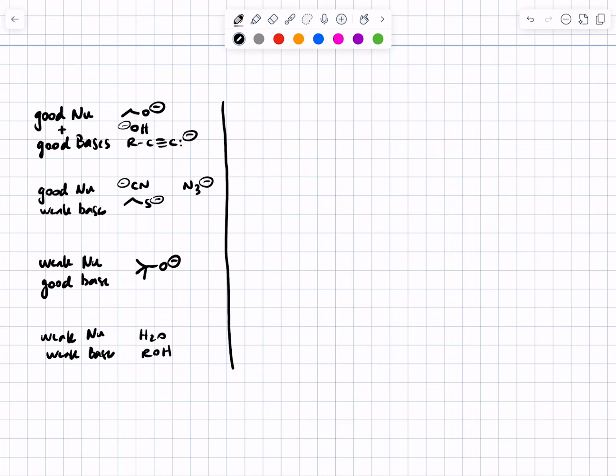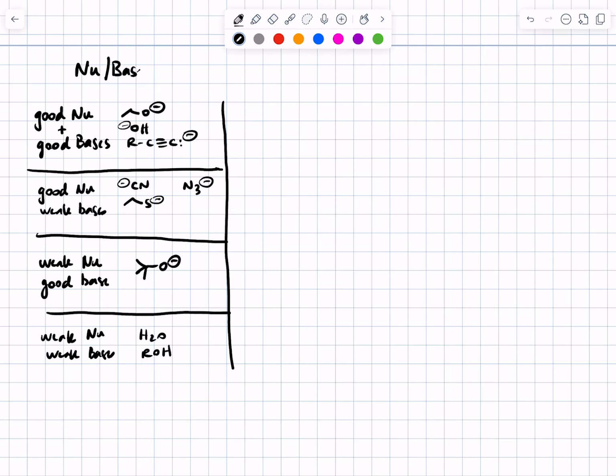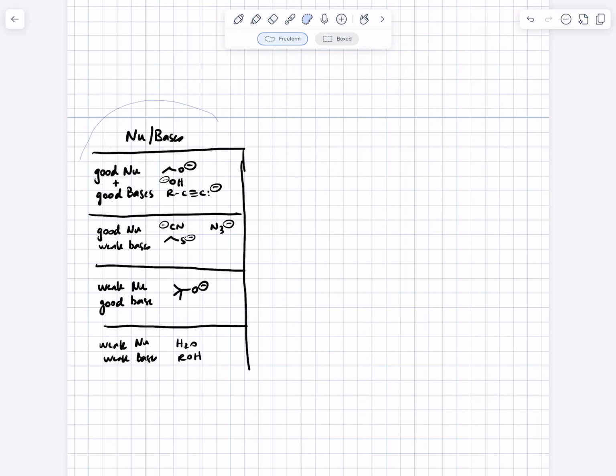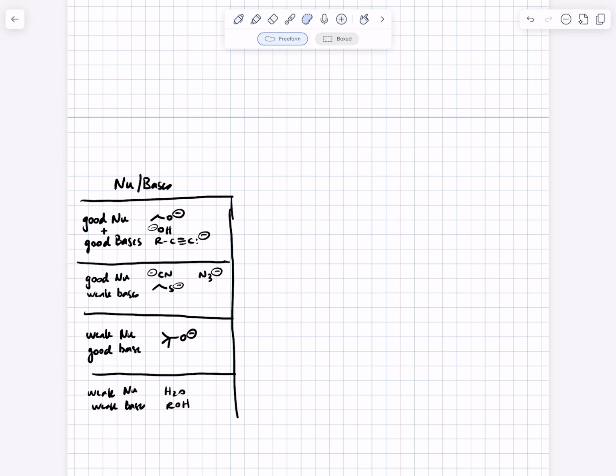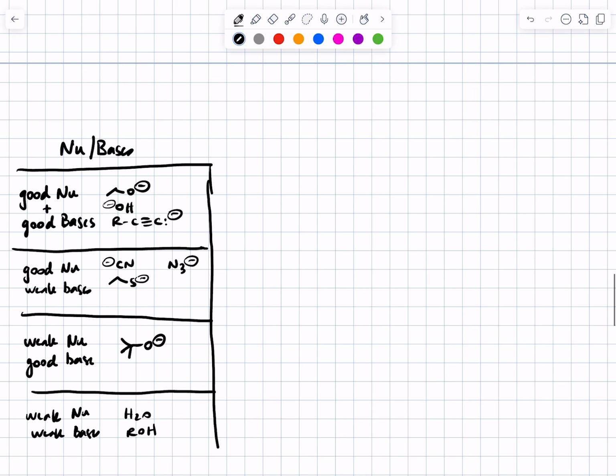All right, so those are 4 different groups of nucleophiles and or bases. And then here across the top, we'll simply write the types of leaving group situations we have. Primary, secondary, and tertiary.